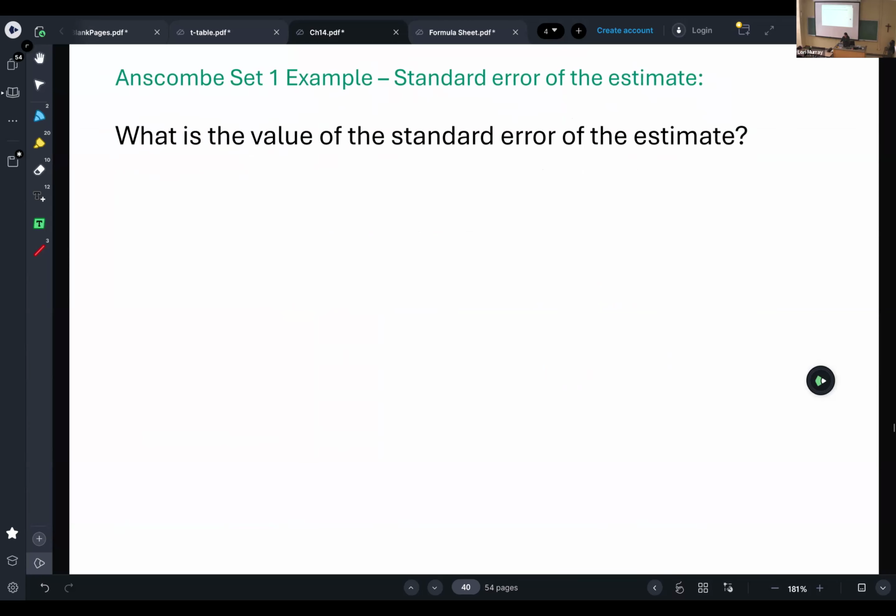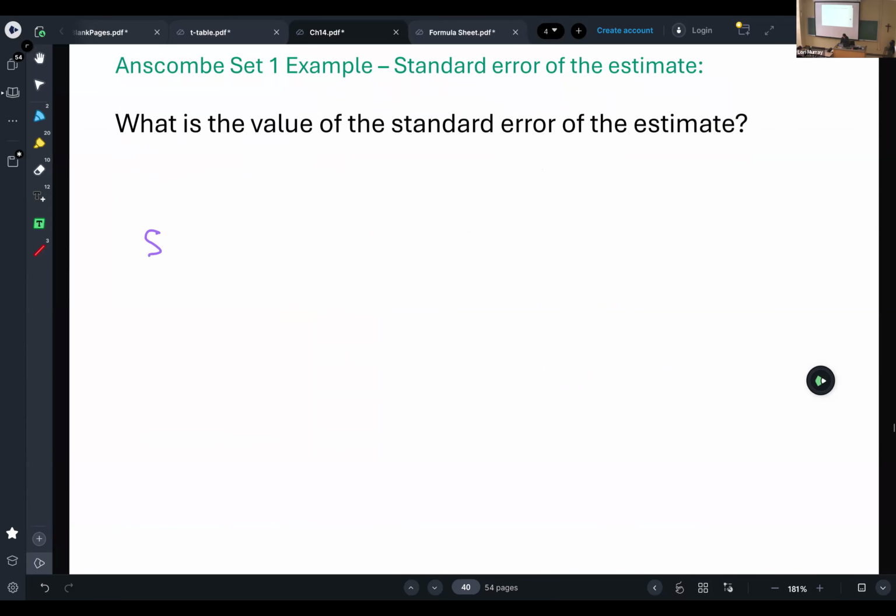The standard error of the estimate is this value, S with subscript E for error, the standard error of the model. That equals the square root of SSE divided by n minus 2.